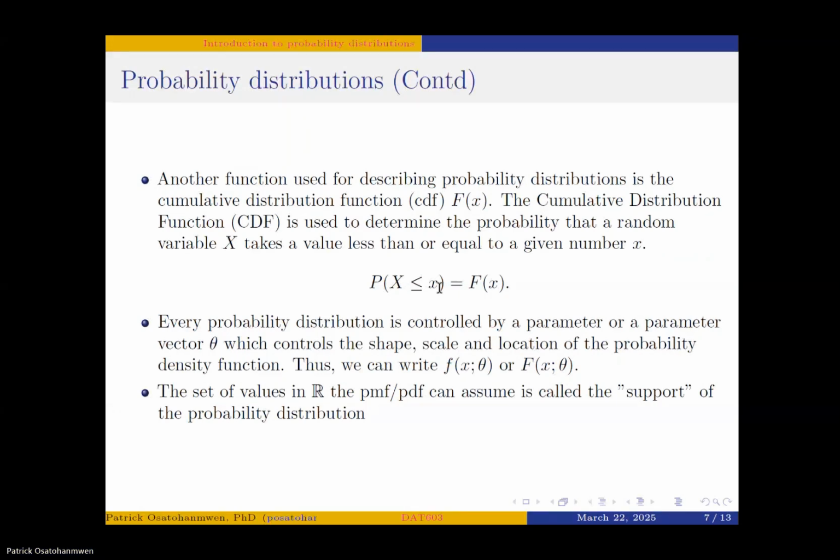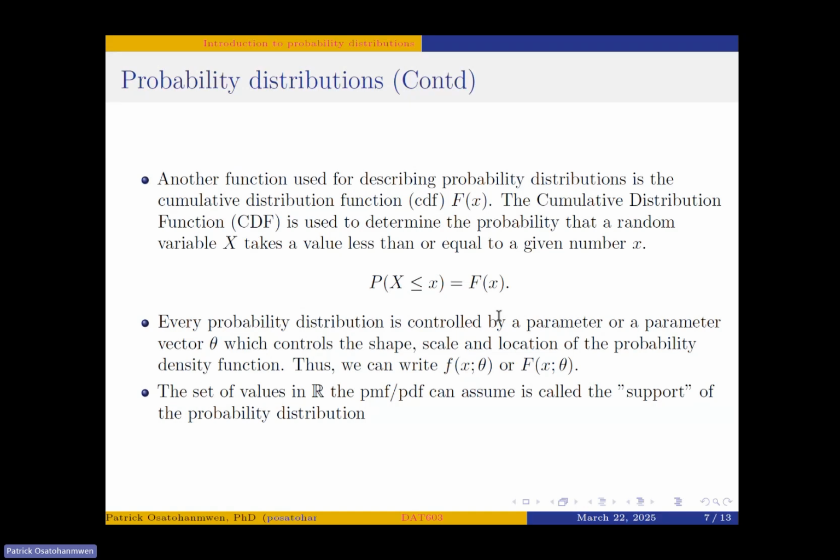Okay. Now, every probability distribution is usually controlled by a parameter. In the later course of our discussion, I'm going to take time to explain how parameterization of probability distributions comes in. So every probability distribution is controlled by a parameter or a parameter vector.